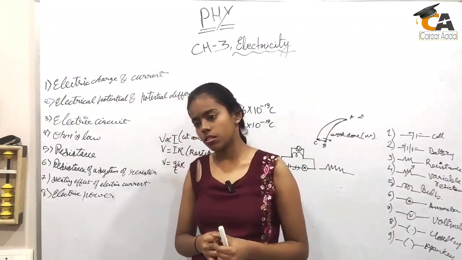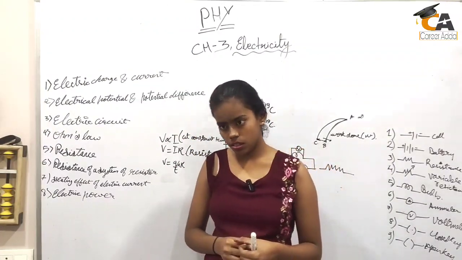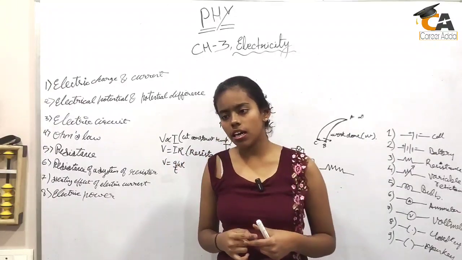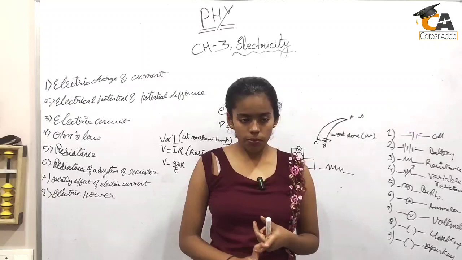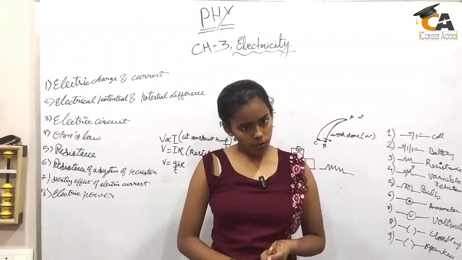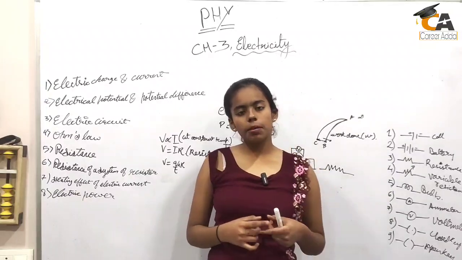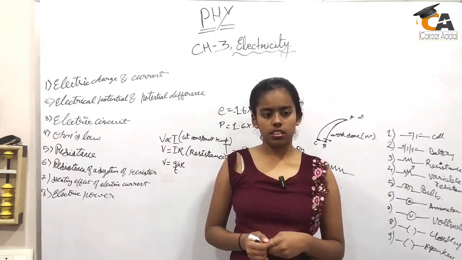Factors on which resistance depends, and their relations. Resistance depends inversely on the area of cross section of the conductor, directly on the length of the conductor, and directly on the resistivity of that conductor.